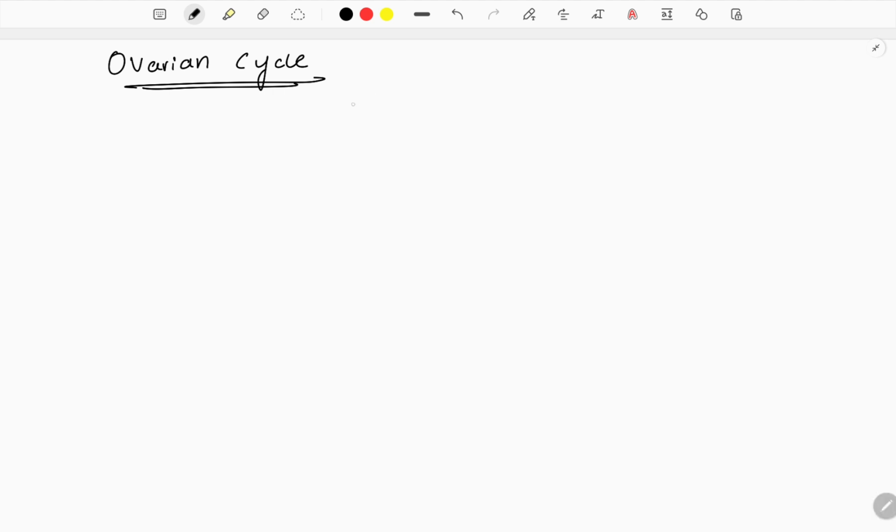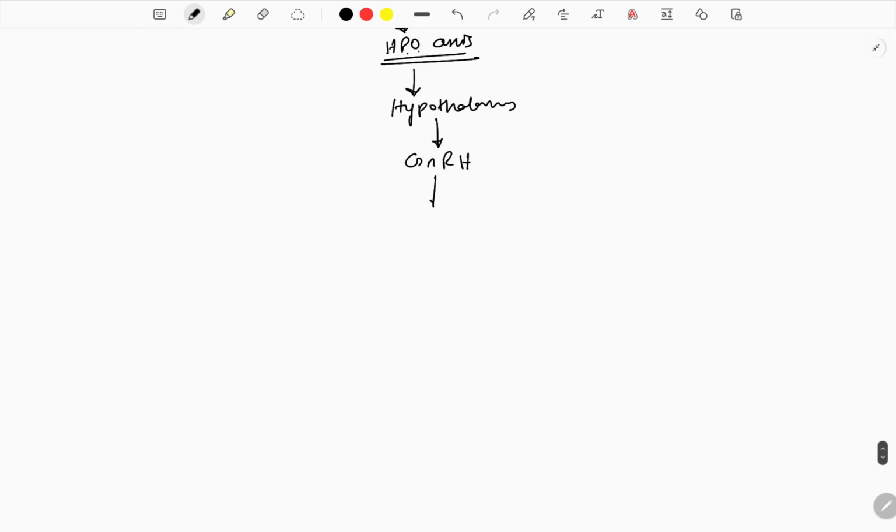It is because at puberty, the HPO axis, which is hypothalamic pituitary axis, is activated. So, if this is activated, it activates hypothalamus, which in turn secretes GnRH, which therefore stimulates anterior pituitary.